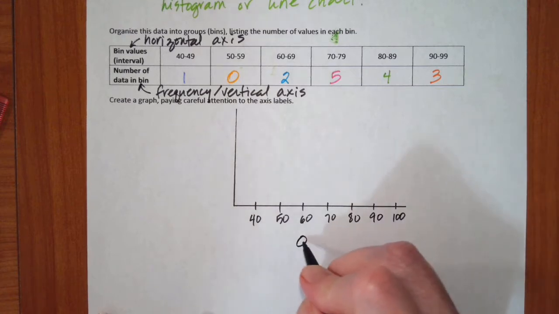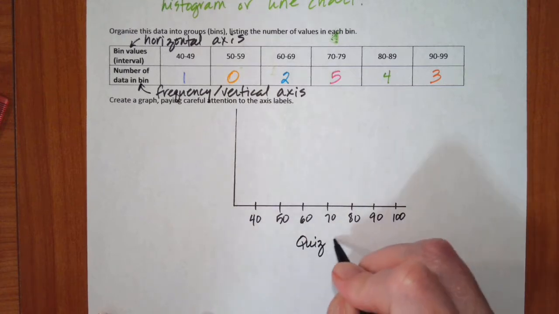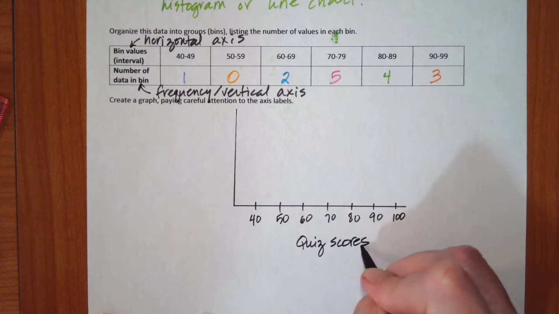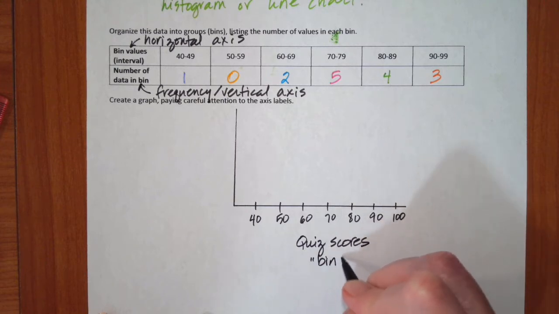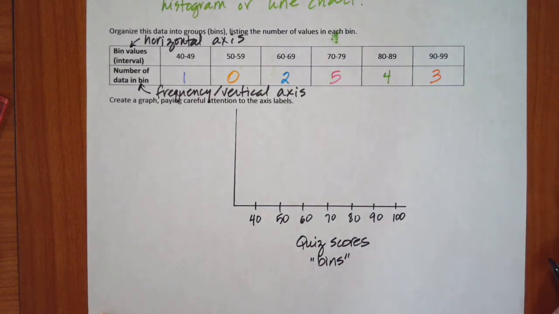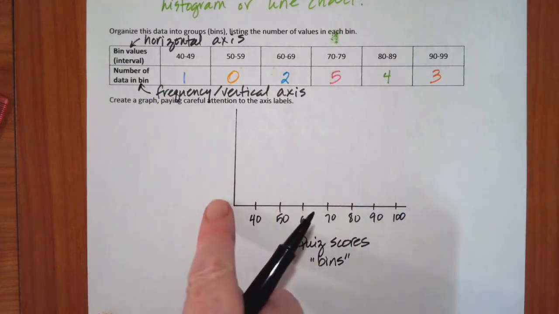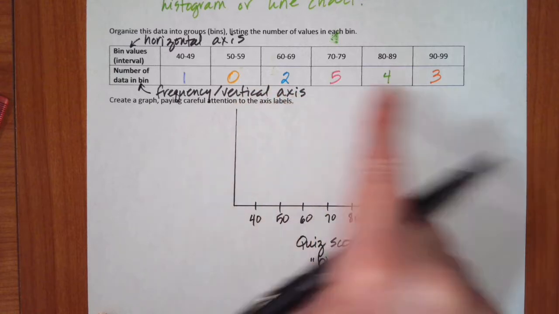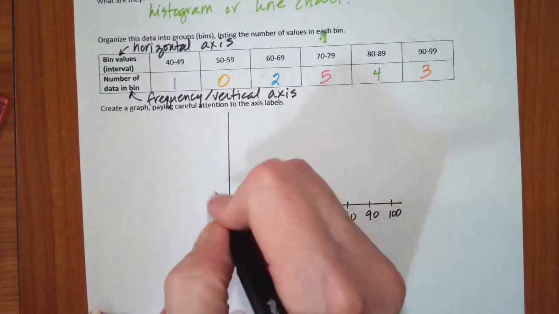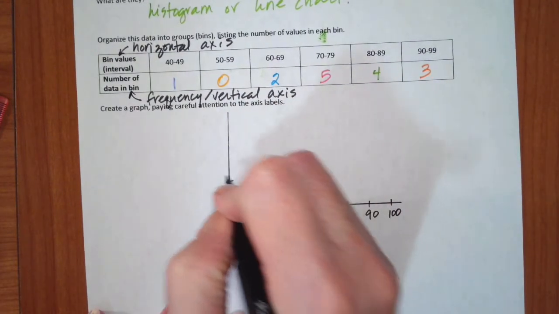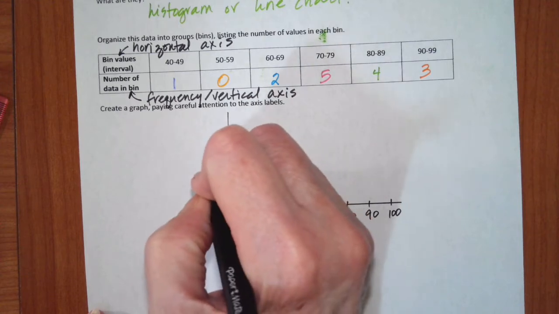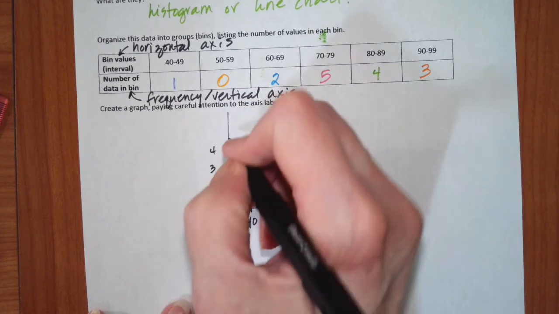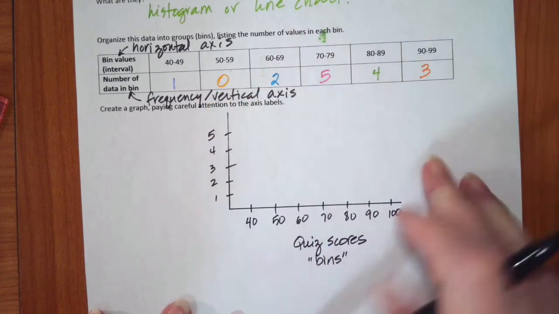And these are my quiz scores. These are my bins. Now my frequency, this has to go up to the largest number in here, which is 5. So 1, 2, 3, 4, 5.